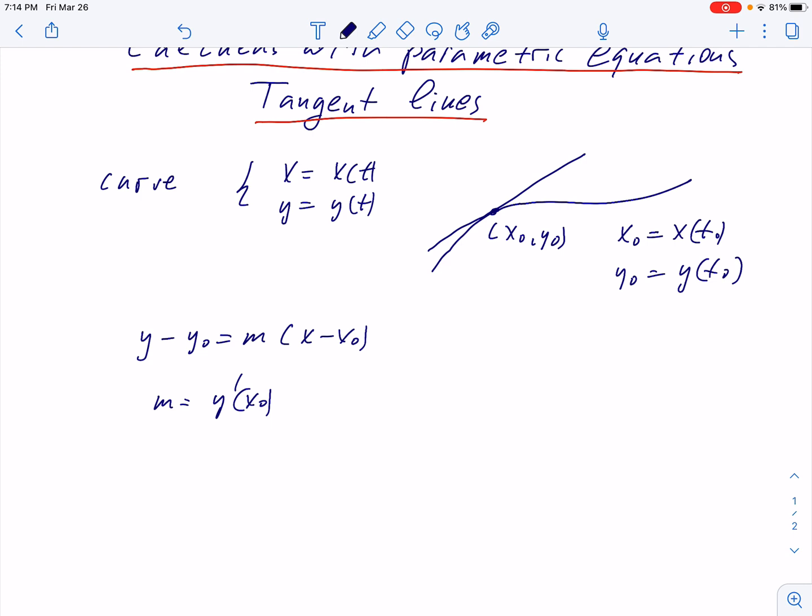We reason this way. y prime we can write as dy dx. And now we can manipulate this, divide top and bottom by dt, and this becomes dy dt over dx dt. So this will be shortly y prime t over x prime t.